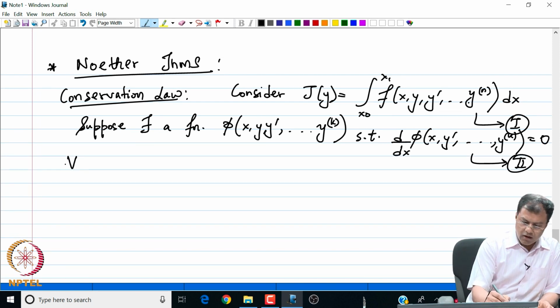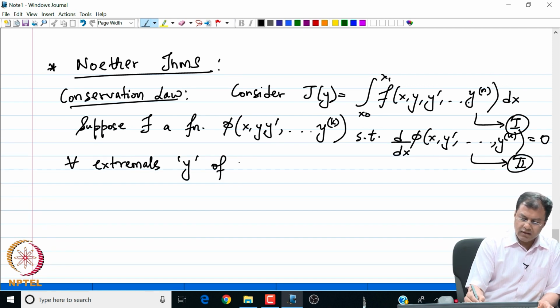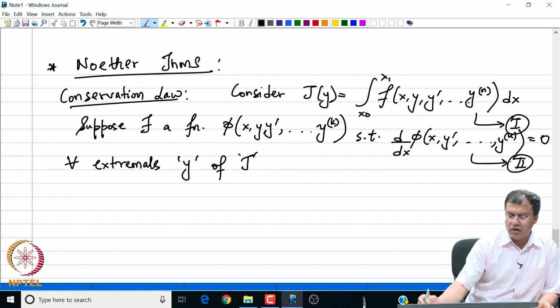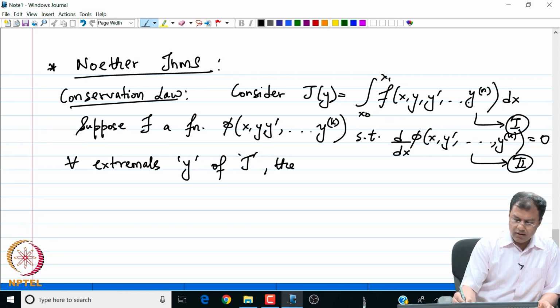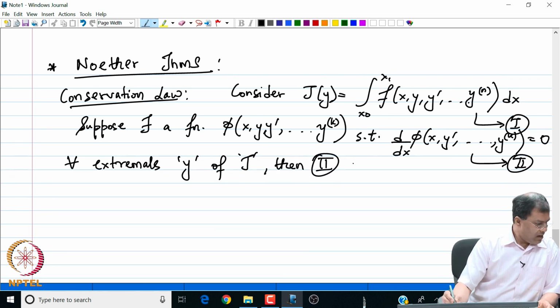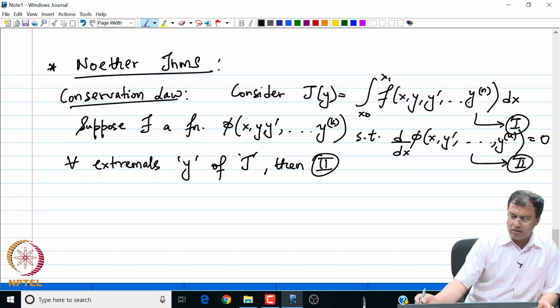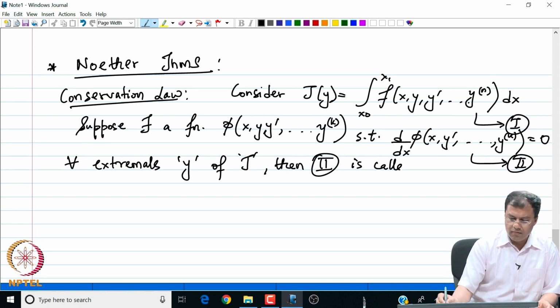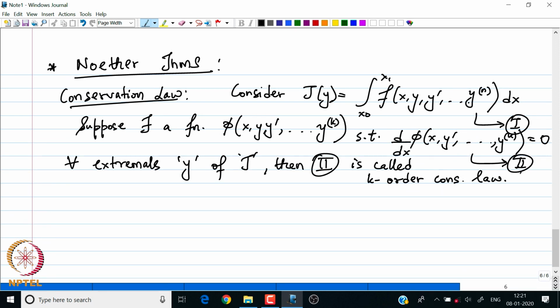This is equal to 0 for all extremals y of J. So suppose we have a function whose derivative is equal to 0 for all the extremals y of the original functional J, then this relation 2 is known as the kth order conservation law for J.